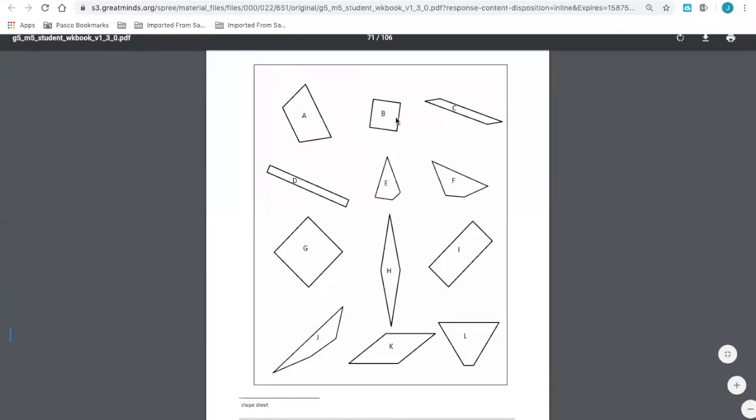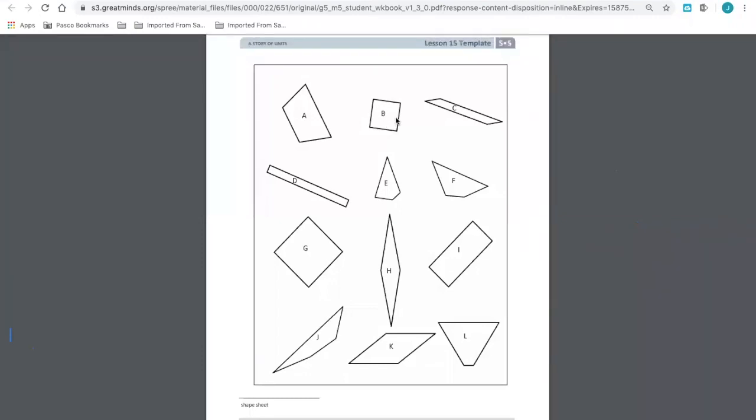If we look at a shape like, let me see if I can find another one. How about on L? This is a true trapezoid that we would normally think of when we think of the word trapezoid because it only has 1 set of parallel sides, the top and the bottom. If we drew those out, they would go on forever and ever and ever and never cross.